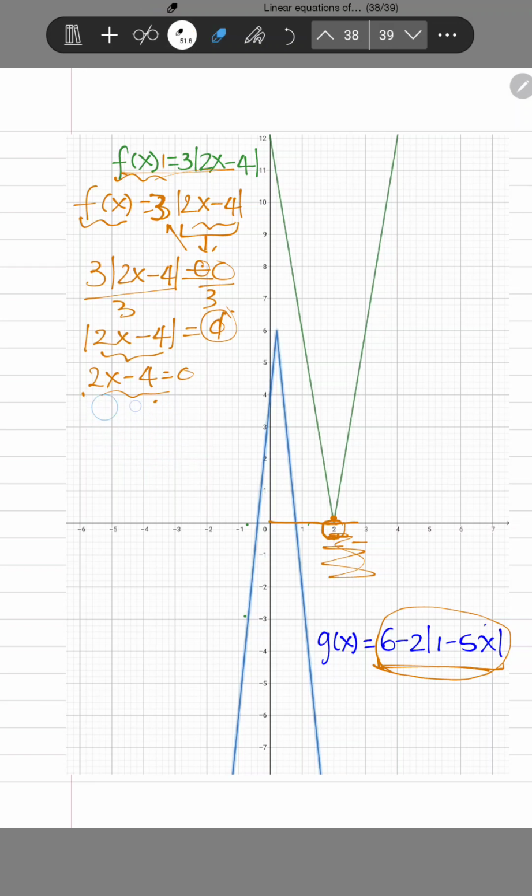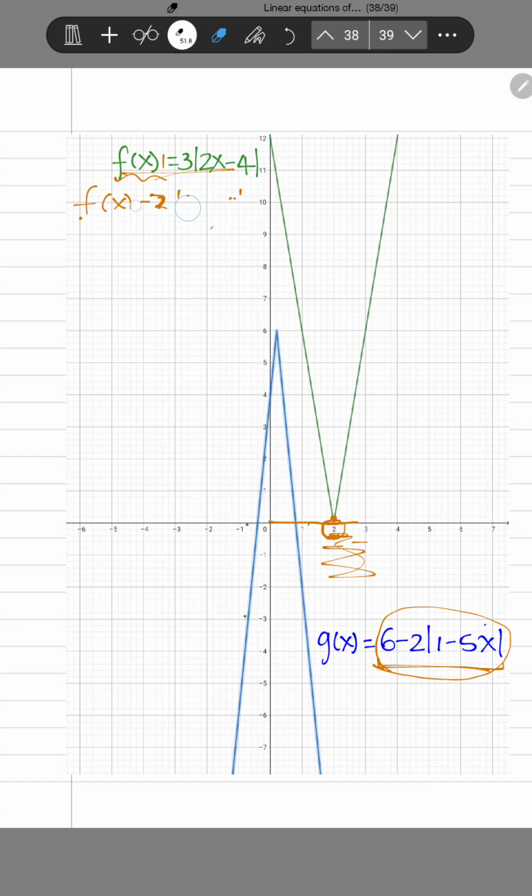The other question again is going to be how wide it is. Is it like this wide or that wide or this wide?